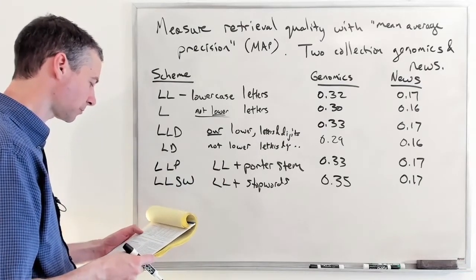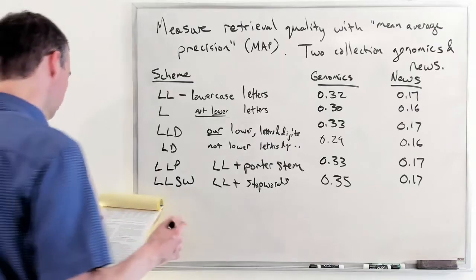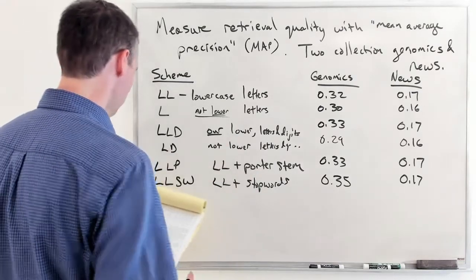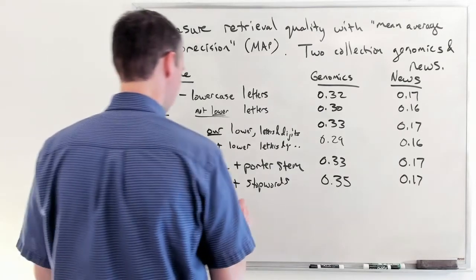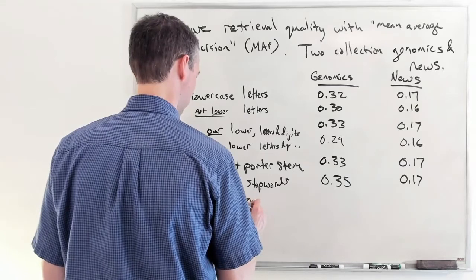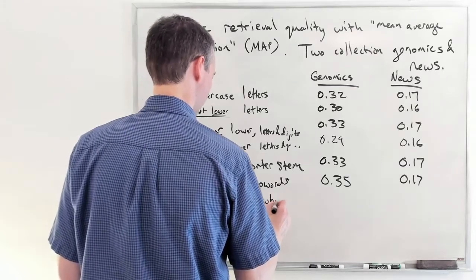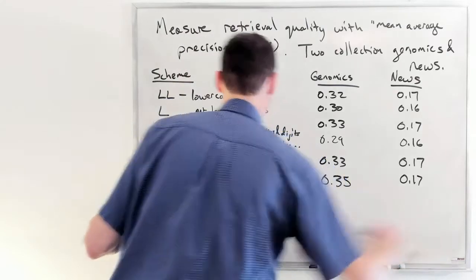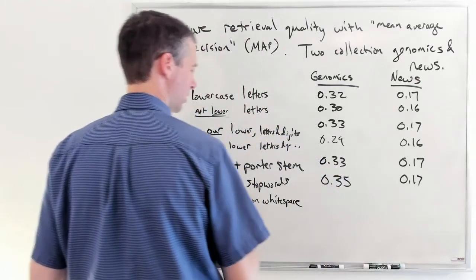Then they go and they try some wild schemes. They say, let's just break on non-white space. Or let's make tokens, so the tokens are non-white space.